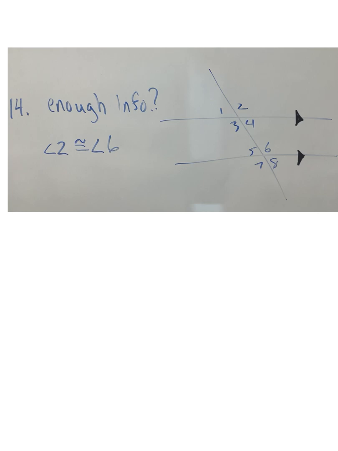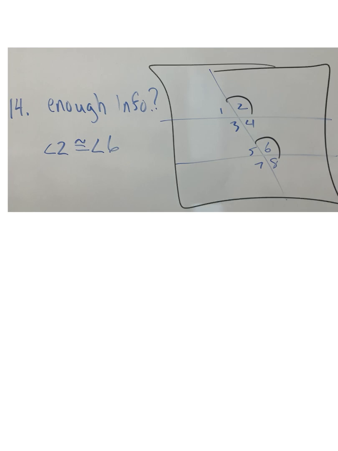Now, let's change this up. If you had this as your picture, angle 2 and angle 6, and I said this is line S and this is line T, are line S and line T parallel? If you say no, okay. If you say yes, you have to tell me why.